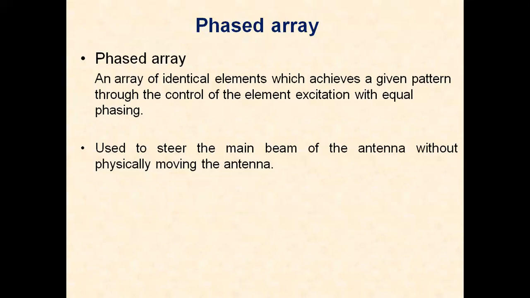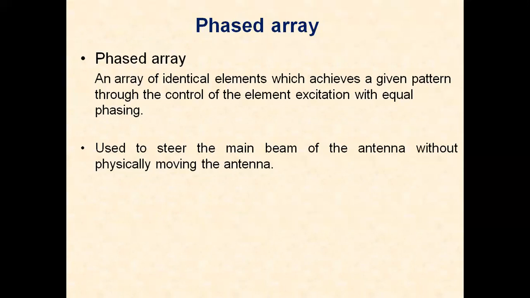And we have the phased array: an array of individual elements which achieves a given pattern through control of the element excitation phasings. The antenna elements are arranged so that we can control their excitation. When the phase shift is equal, we can get the phased array radar.